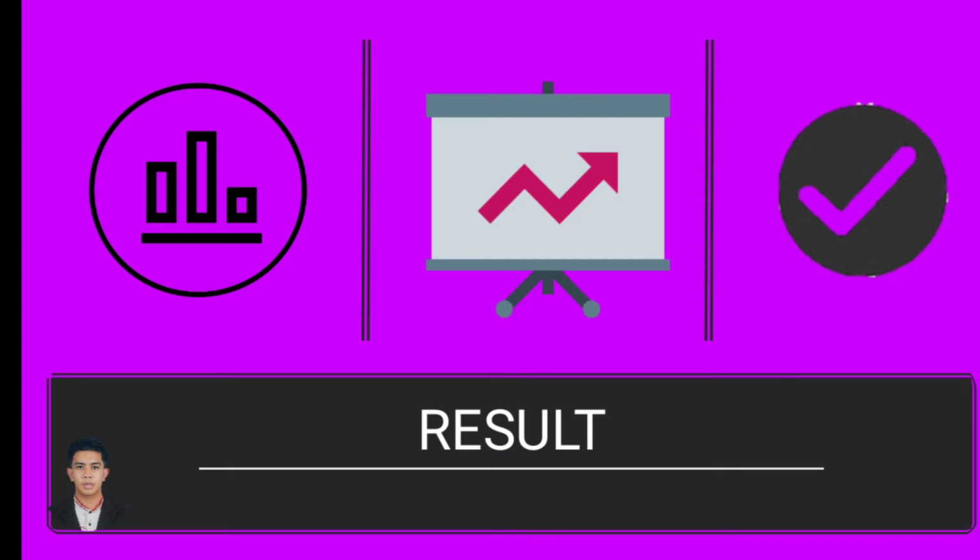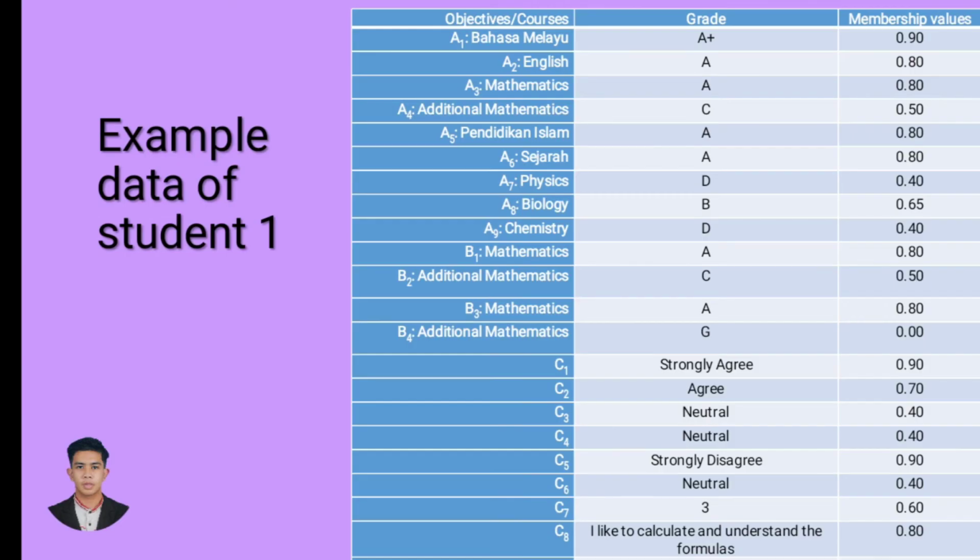Alright, result. The table shows example data of student 1. Some simple description of the data of student 1, which is objective A1 Bahasa Melayu, A2 English, A3 Mathematics, and so on until D3. And their grade in each objective, A plus until ordinary pass.